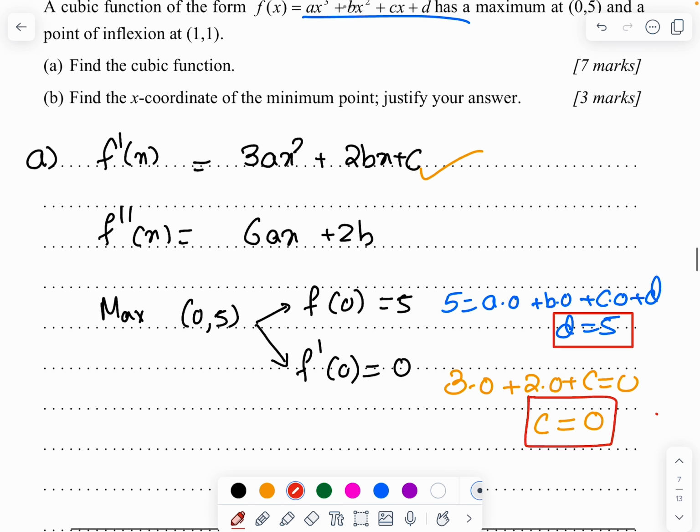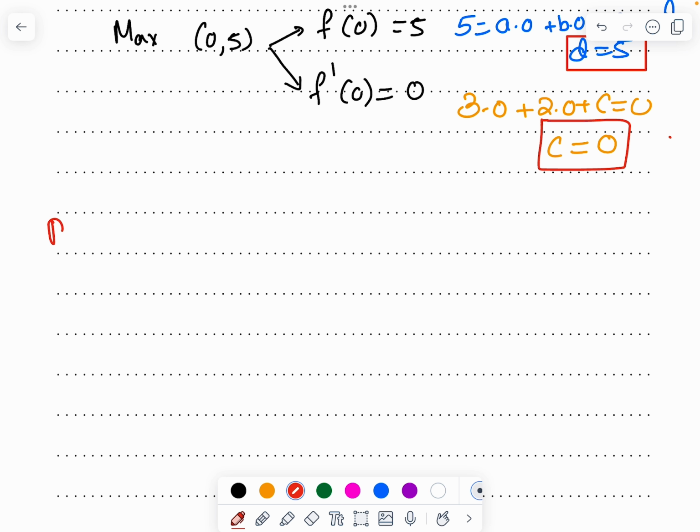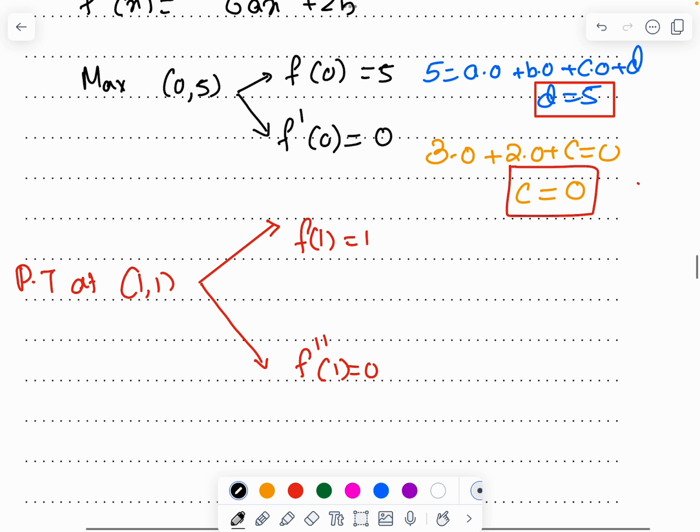Now we know that the point of inflection is (1, 1). What does it mean? There are two conditions. If I substitute 1 in the function, I should get 1. If I substitute 1 in the second derivative, I should get 0. Substituting 1 in the function: a + b + c + d = 1.